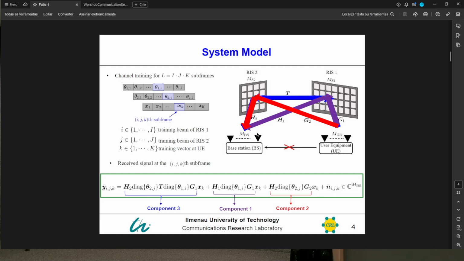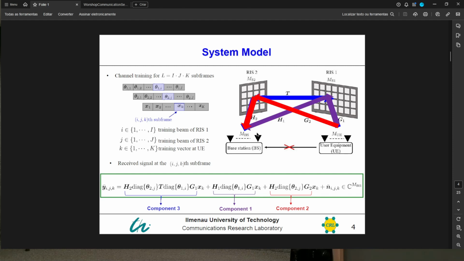Now we have L channel training subframes, made up of I, J, and K, where K is for the training at the transmitter, I is the training of RIS 1, and J is the training sequence subframe for RIS 2.